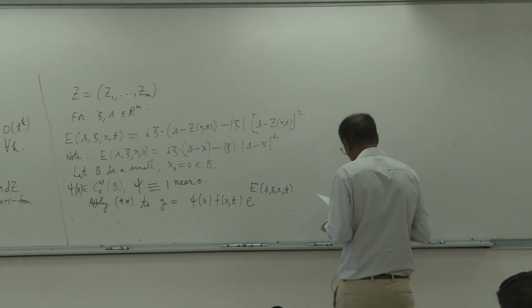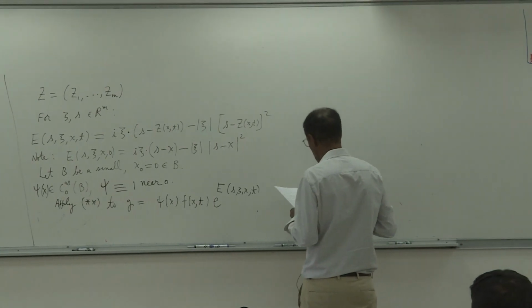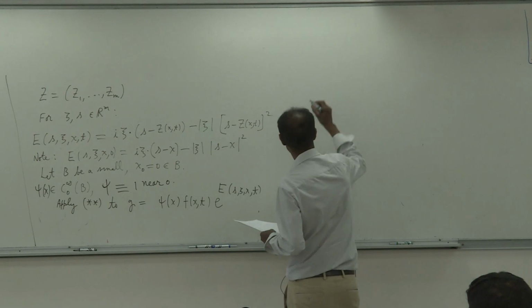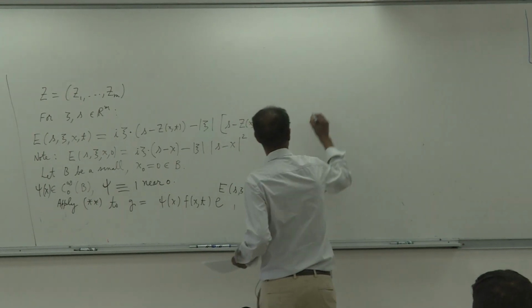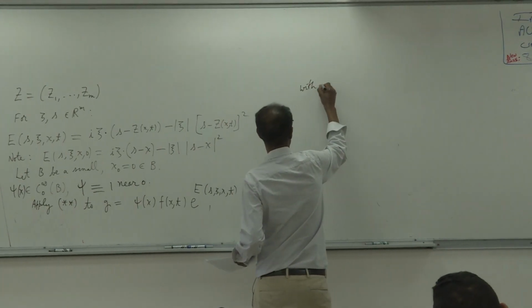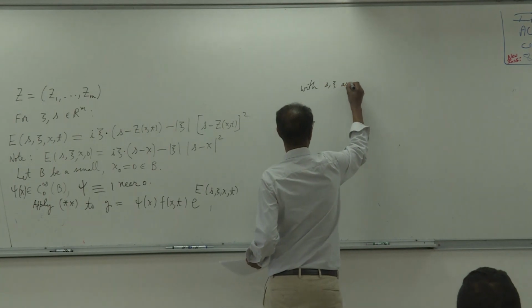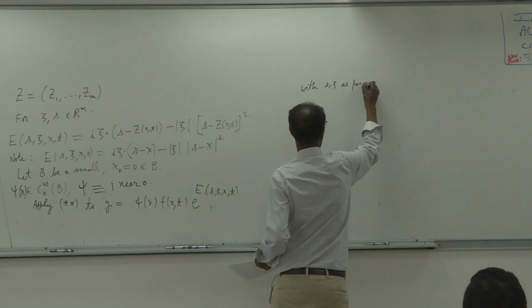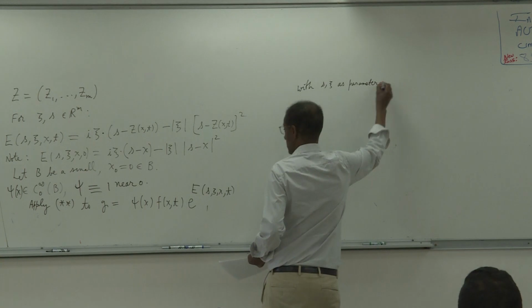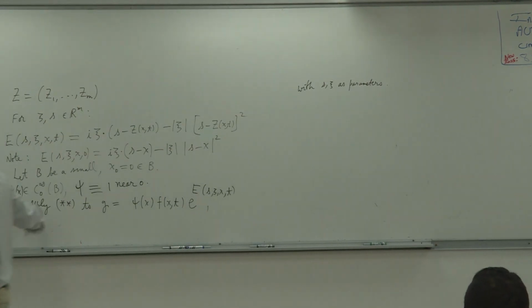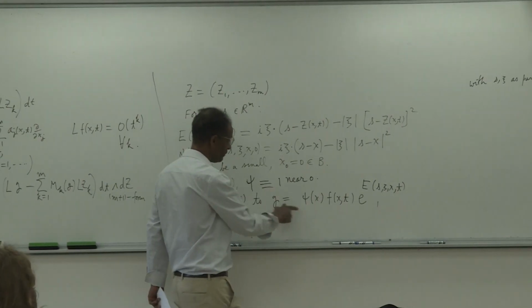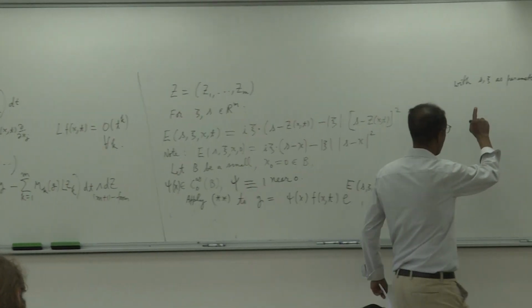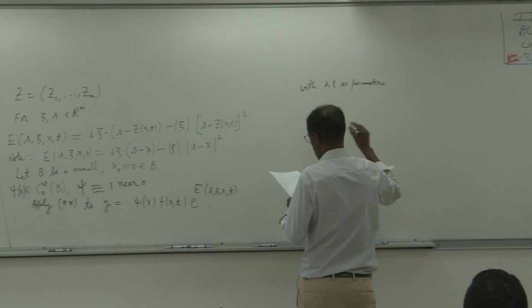Okay, so here with S and C as parameters. So apply double star. Double star was taking the exterior derivative. So you are taking the derivative in X and T variables, okay? S and C are just parameters.